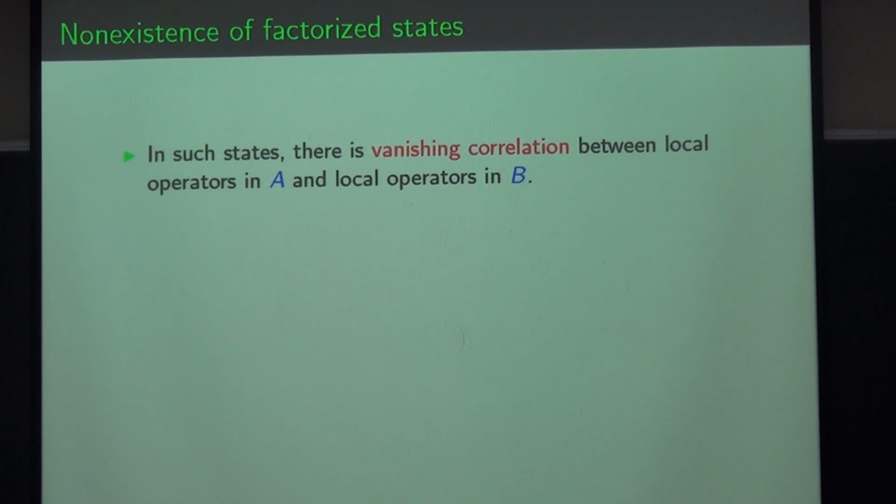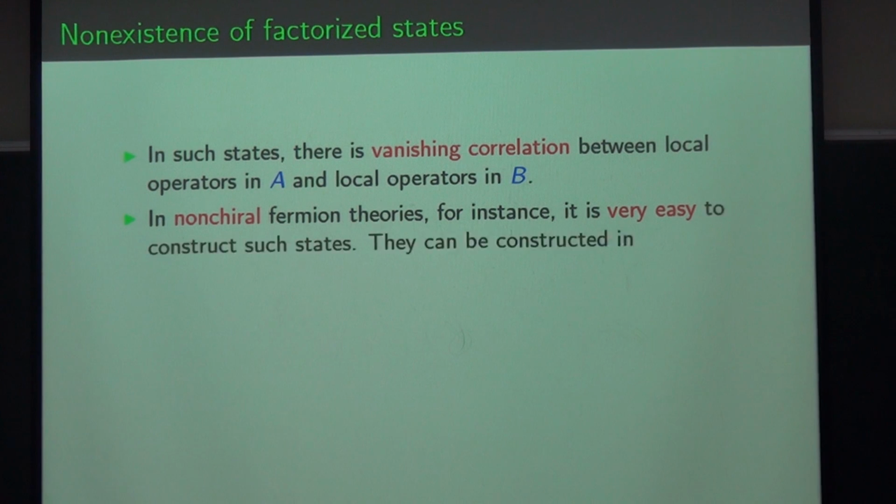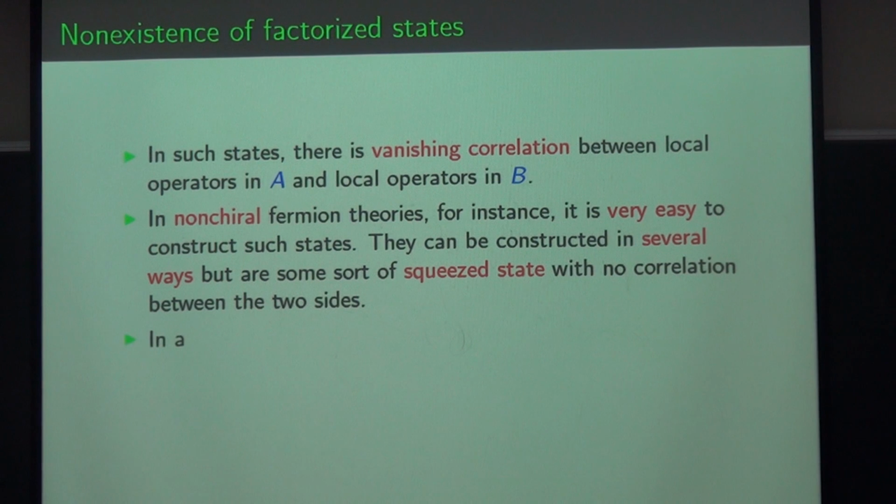But no such operator is available in the chiral fermion theory, and there do not seem to be any states that we can find that have small correlations between the two sides. So I'm saying do not appear to be because we haven't expanded the ansatz to 100% generality yet. We're doing that now. But certainly all the kinds of easy to construct factorized states that exist for non-chiral fermions, no analogs of those exist for chiral fermions.